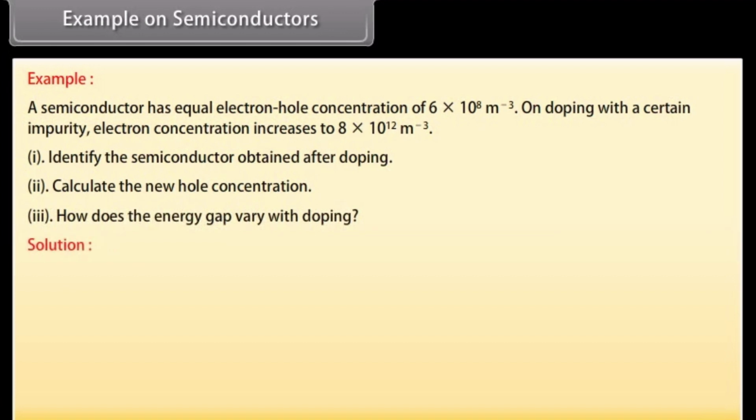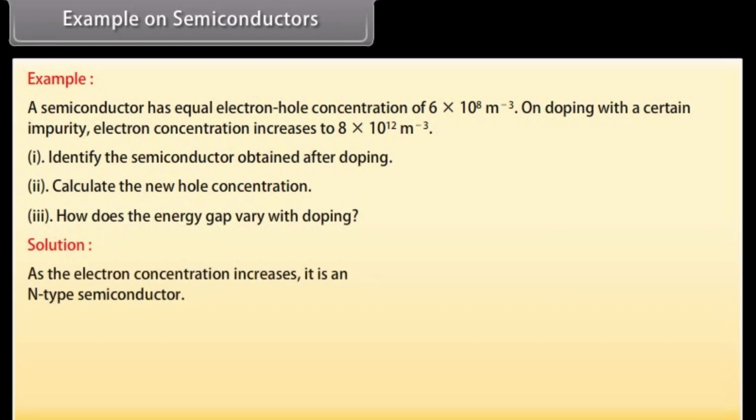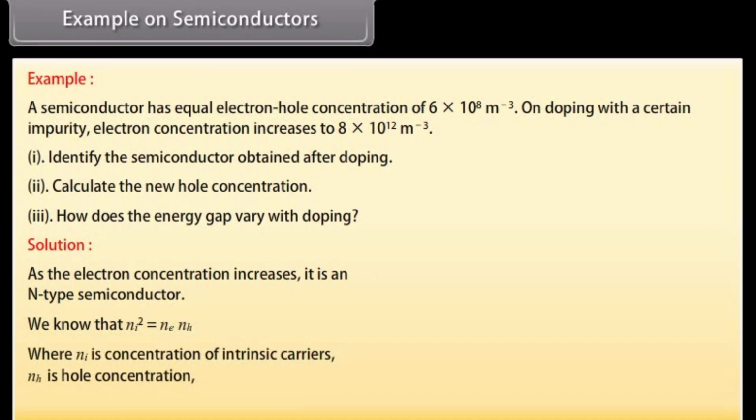Let's see the solution. As the electron concentration increases, it is an N-type semiconductor. We know that Ni square is equal to the product of Ne and NH, where Ni is the concentration of intrinsic carriers, NH is hole concentration, and Ne is electron concentration.